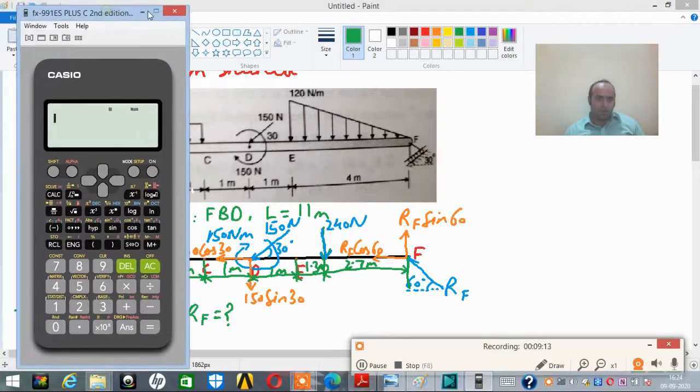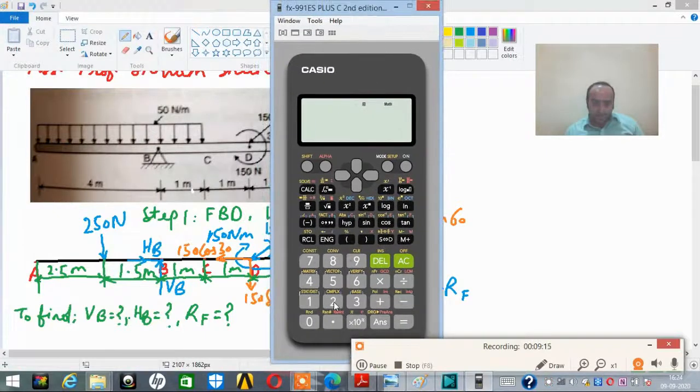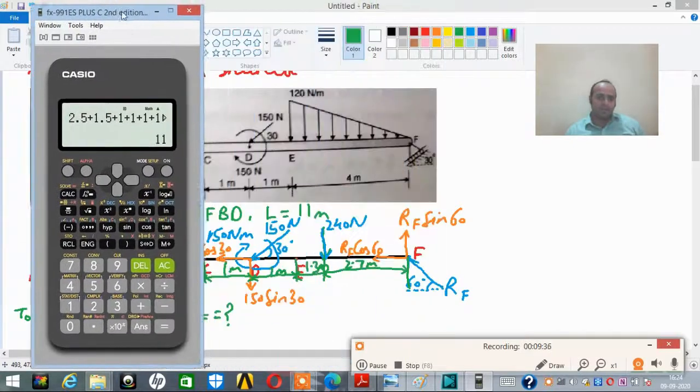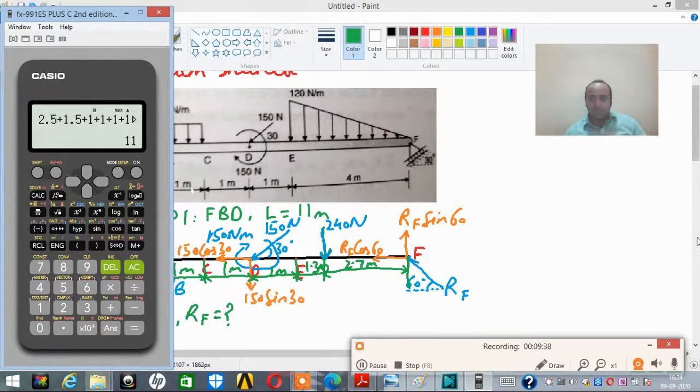Let's do the calculation once again. So here you can see it's totally 11. That is why, friends, we can say that yes, the diagram is absolutely correct.